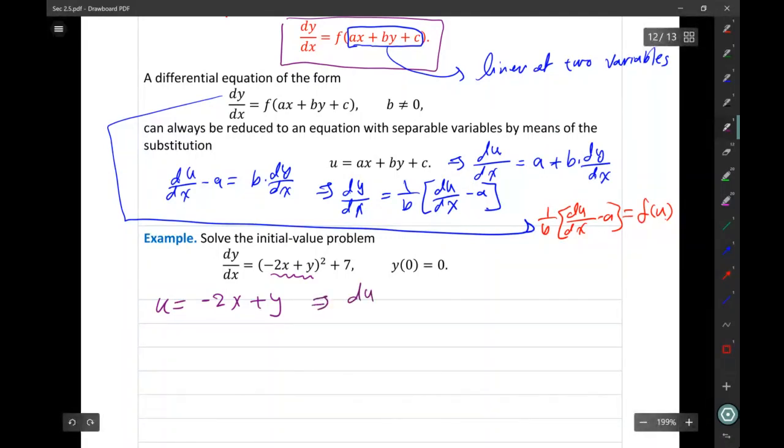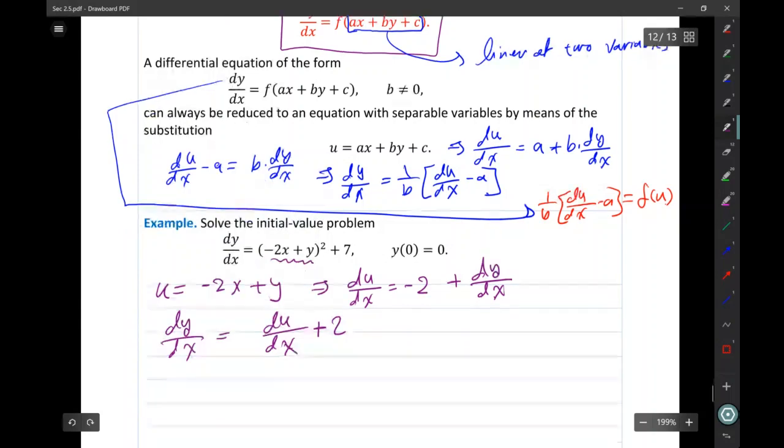Find du by dx is equal minus 2 plus dy by dx, which implies that dy by dx is equal du by dx plus 2.